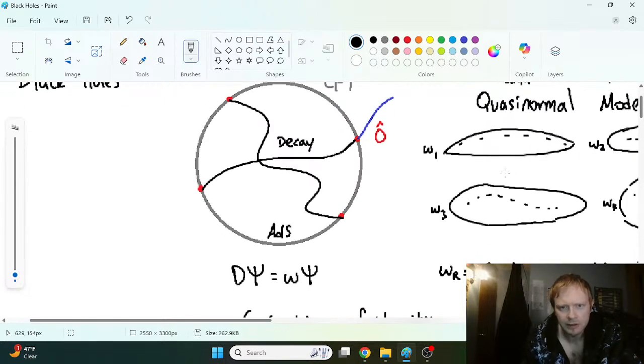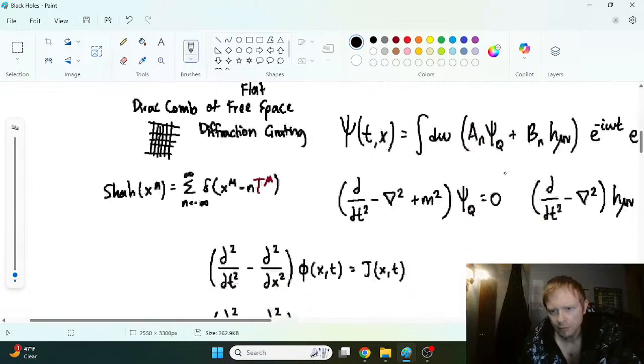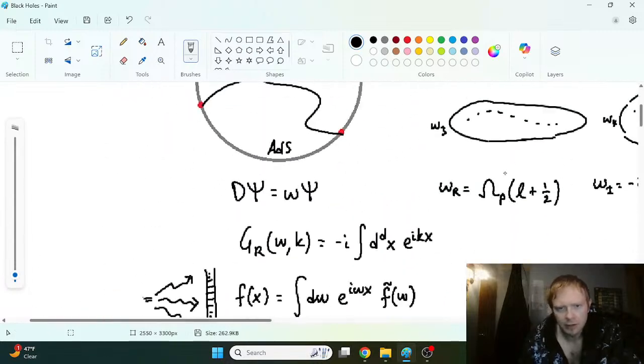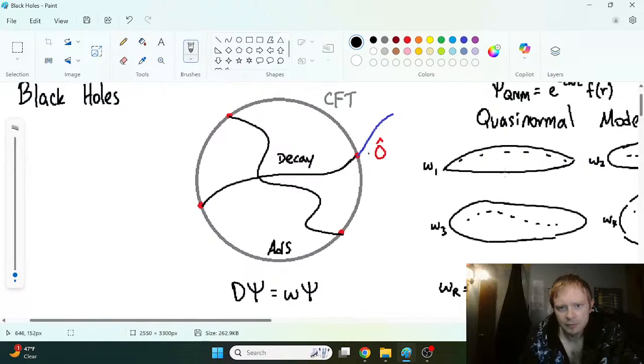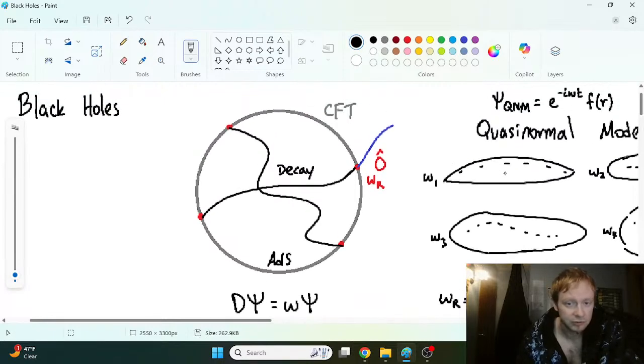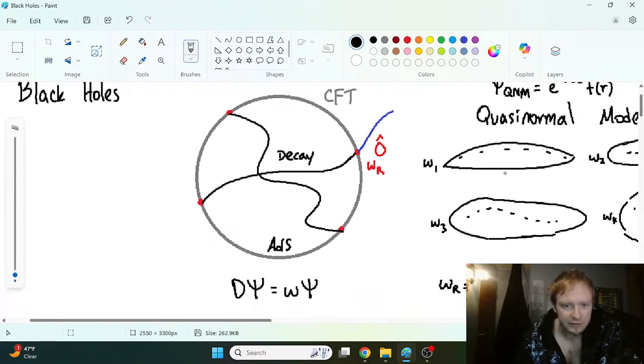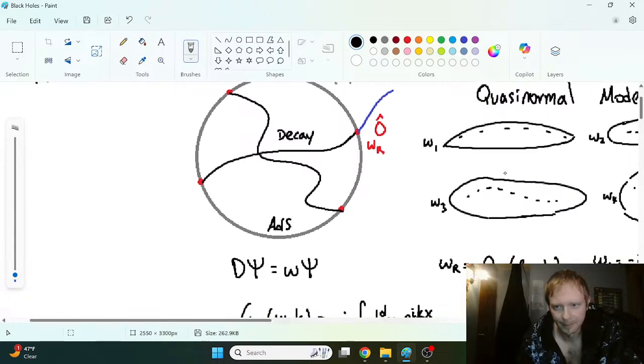I believe that when it goes inward for black holes, you get an oscillation. So what happens, you get a real ω_R here. A real oscillation when something comes and hits that black hole. That's what creates this frequency. You could think of it like hitting an instrument. But it goes inward because you're in a black hole.